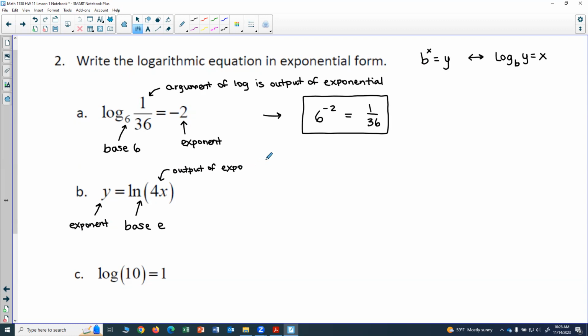It's because the x and y values switch. So your input and output switch because exponential and logarithmic are inverses. The output of the exponential is going to be 4x in this case. So I have a base of e, an exponent of y, and an output of 4x. So e to the y equals 4x would be the equivalent exponential form.